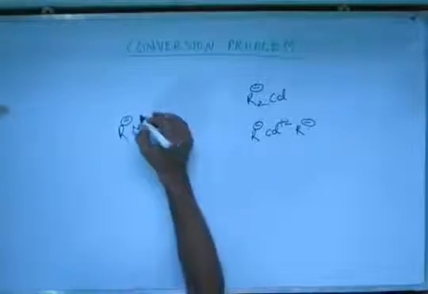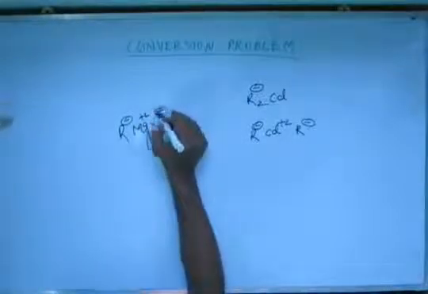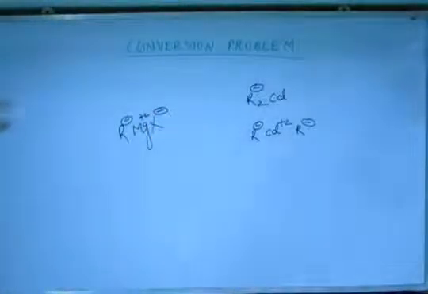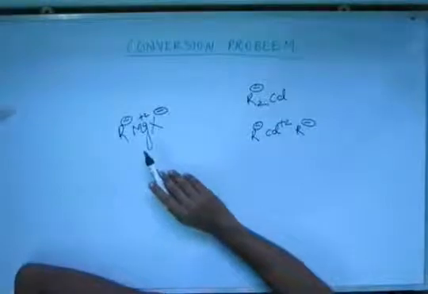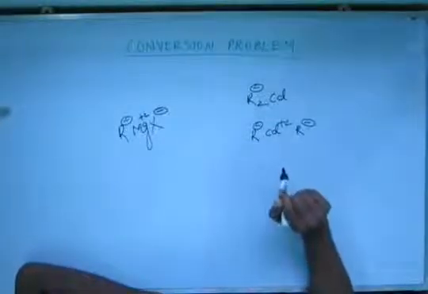In case of Grignard reagent we have magnesium. So chemically both are comprised of the reactive part, that is R minus, but the difference in reactivity will be much, because here we have magnesium ion. Magnesium is an s block metal. Here we have cadmium.